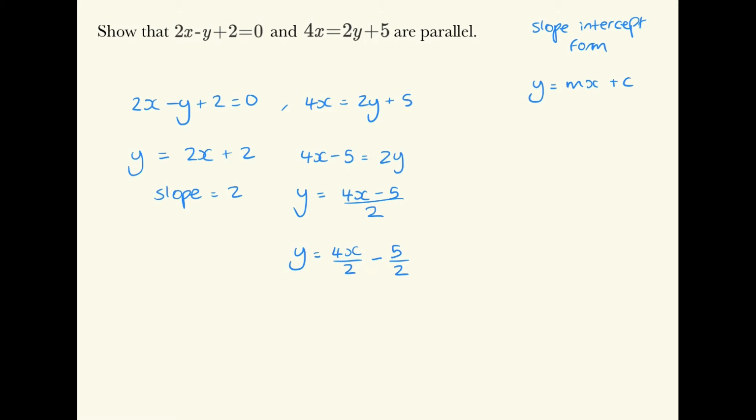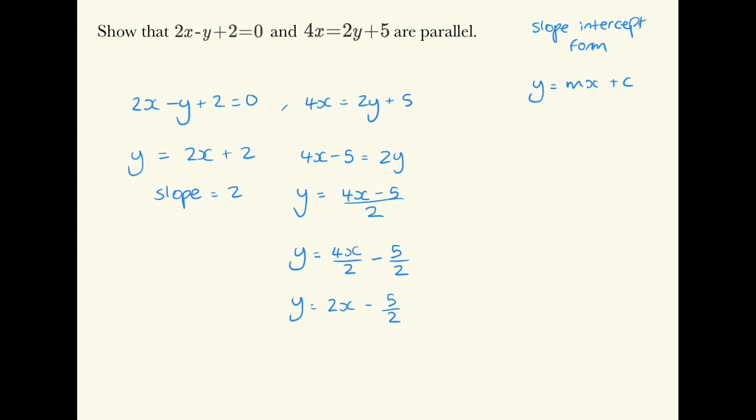And now I can start to simplify things here, and when I do, I'll realize my slope quite quickly. I can divide 4 by 2, and that'll just give me 2 over 1, or just 2. So y equals 2x minus 5 halves.